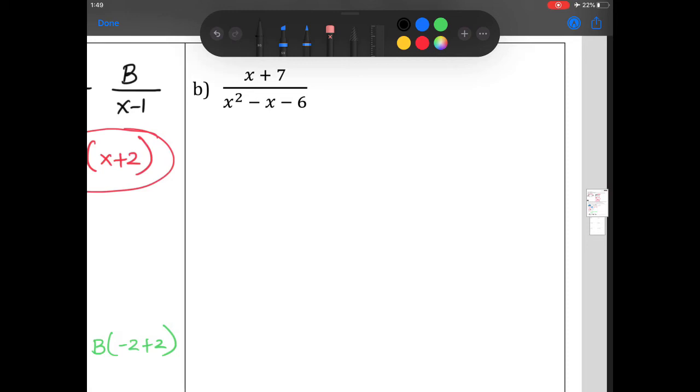Letter B. So the first thing again we're going to do is factor my denominator. So it's going to be x minus 3 and x plus 2, right? So I'm going to set up two fractions, with denominators x minus 3 and x plus 2, and I want to find my a and b.